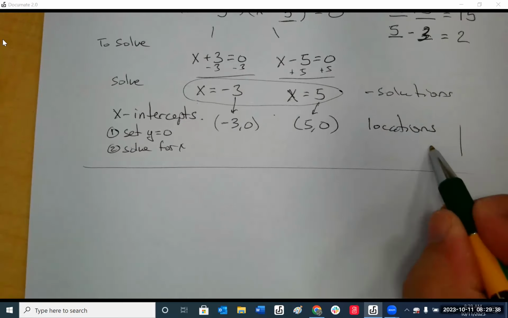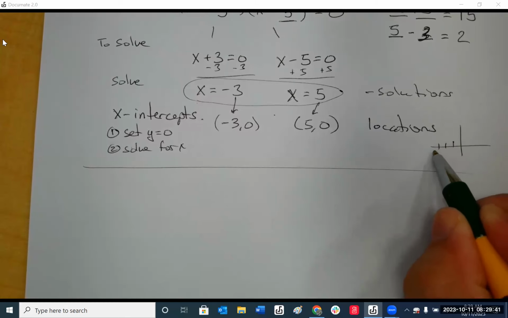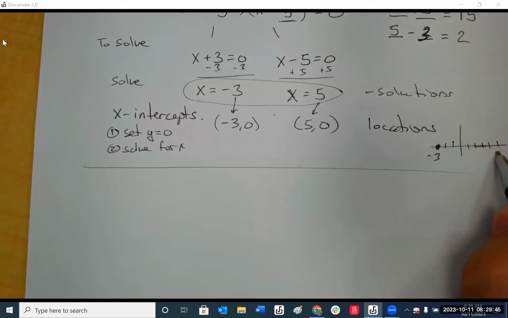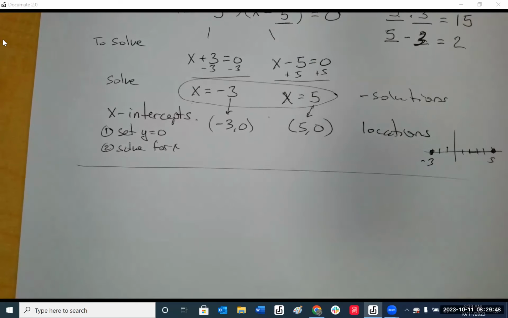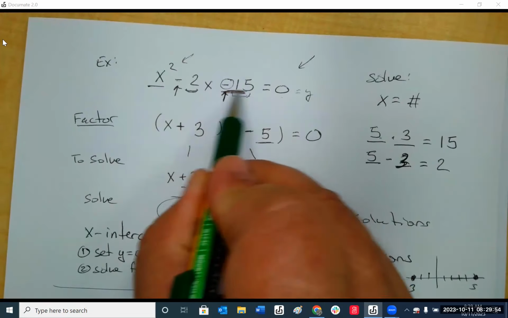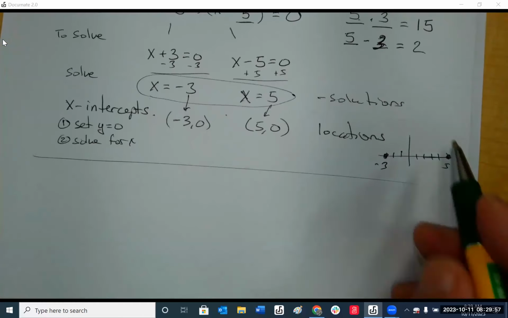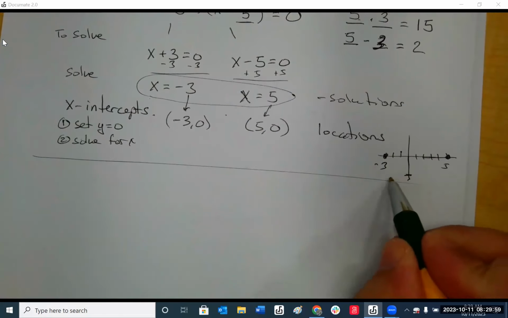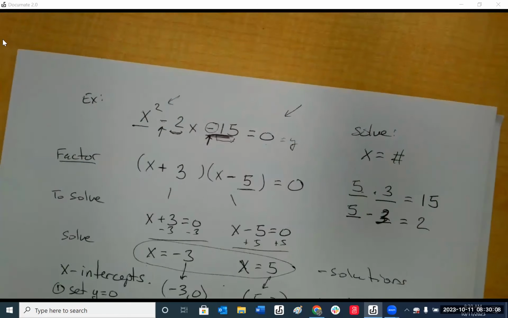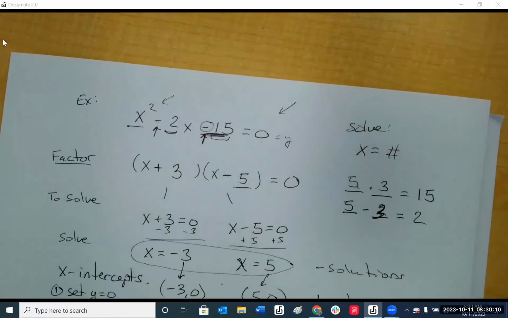So if we graph this thing, we know we have an x-intercept at -3 and an x-intercept at 5. And we also know that we have a y-intercept. The y-intercept is always the constant. The y-intercept is going to be at -15, because that was the constant of our original equation.